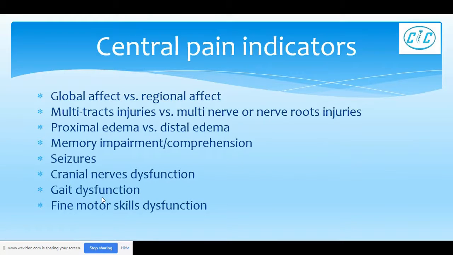Pain can be caused by many types of causes, central and peripheral. But central pain usually is not something that clinicians are trying to find with a whiplash accident.